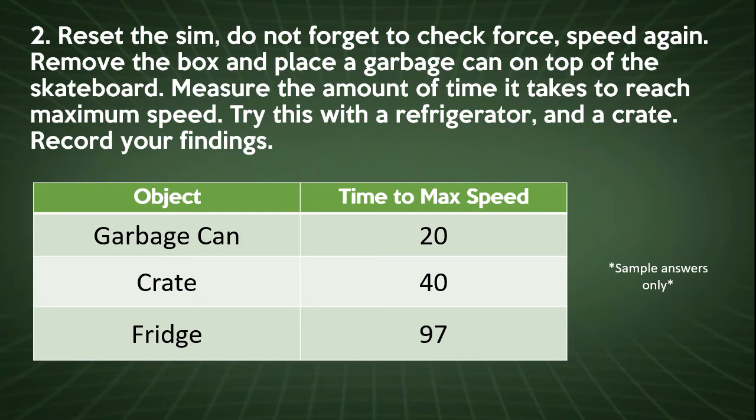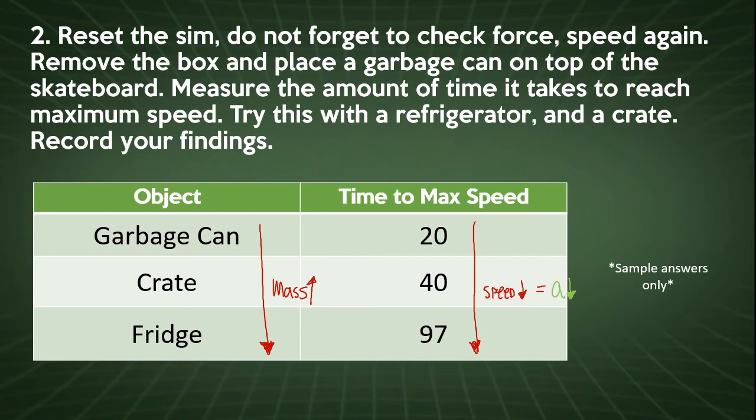The garbage can in the fridge, per logic, means increasing mass. And as you can see here, from top to bottom, we have decreasing speed, which means we also have decreasing acceleration.